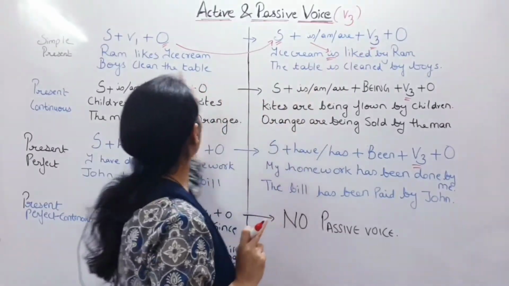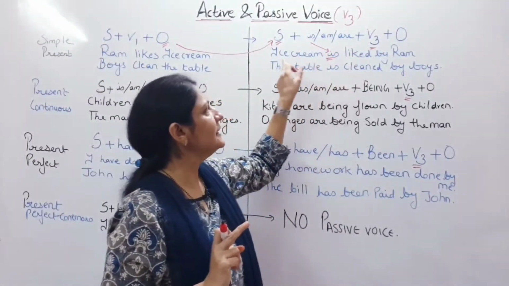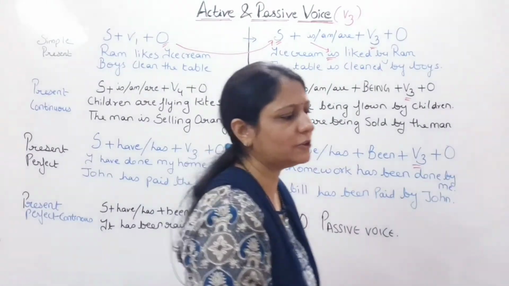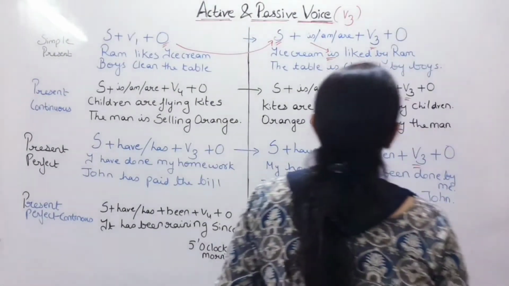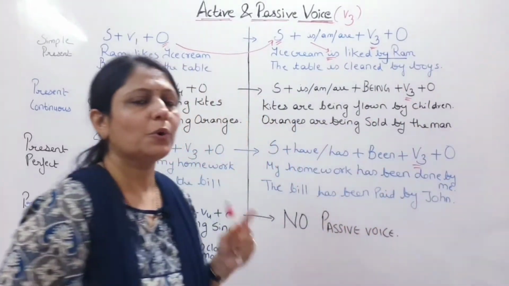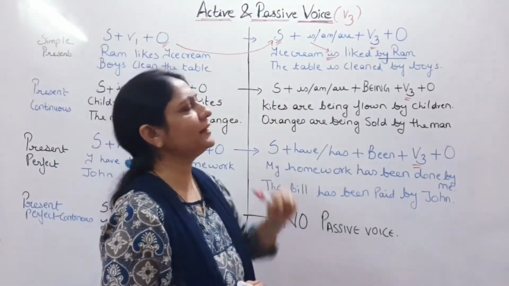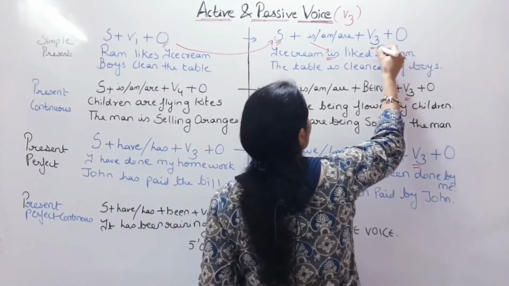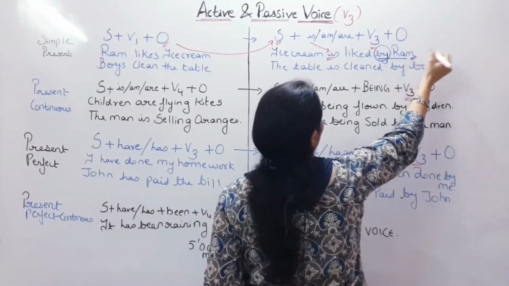Now the V3 form of the verb like is liked. Ice cream is liked, and the most important thing that we do is: ice cream is liked by Ram. When we add the subject in the passive voice, we always put the word by before it, by Ram.